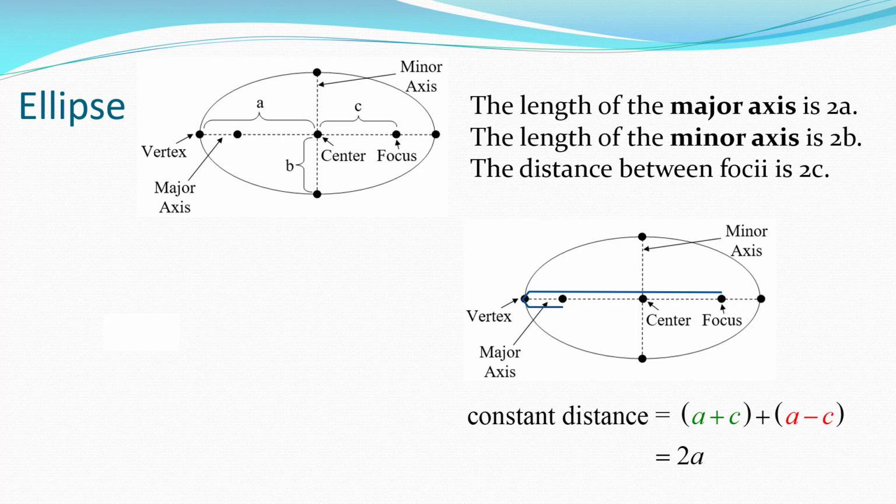And then you add, it's the difference in the distances between the center and the vertex and the focus and the vertex. So that difference has to be a minus c. So that constant distance that forms the actual ellipse is a plus c plus a minus c. It's 2 times a. So the major axis length is 2a, but that's also that constant distance that's formed, that's used to form the ellipse in the first case.